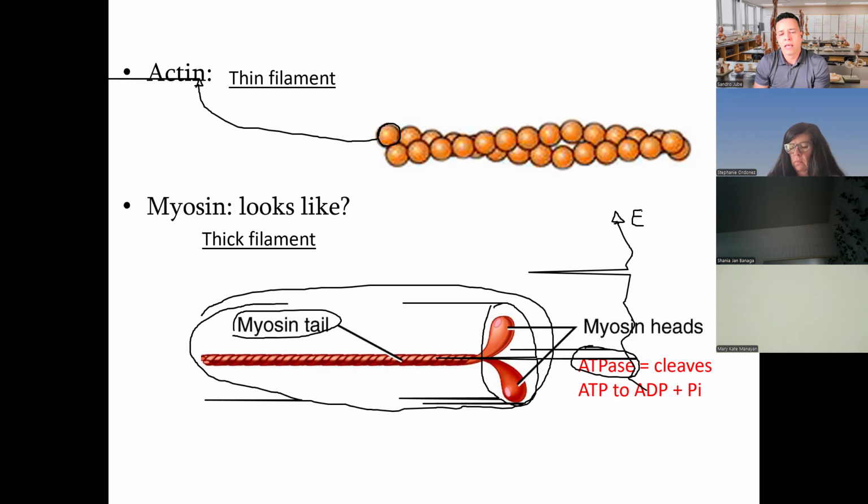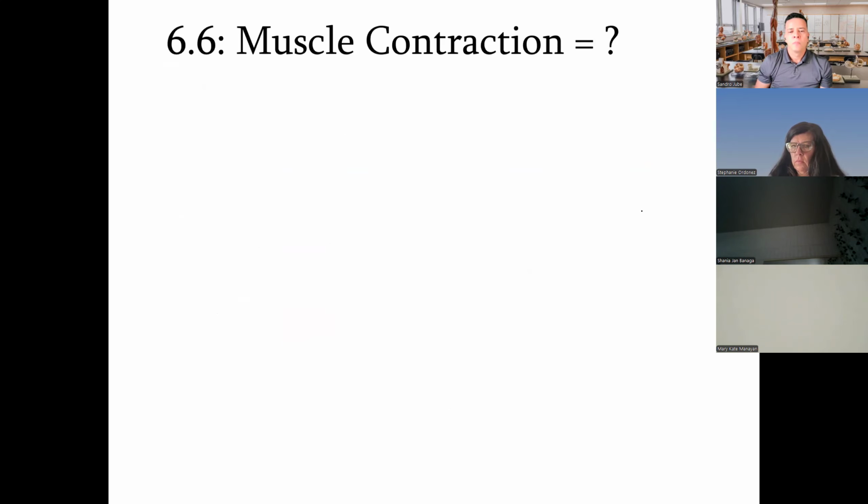Okay? How can they do that? They can do that because the myosin heads are ATPases. They cleave ATP, remove a phosphate, release the energy, and use that energy to do the power stroke. Okay?